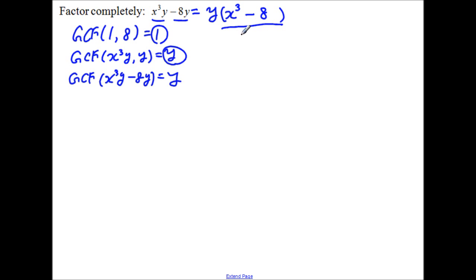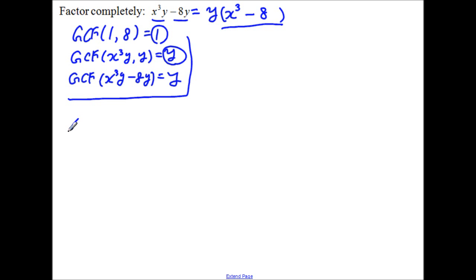The second factor is a binomial, so to check if it is factorable, we can try these three formulas. We have special formulas that we can use to factor binomials.